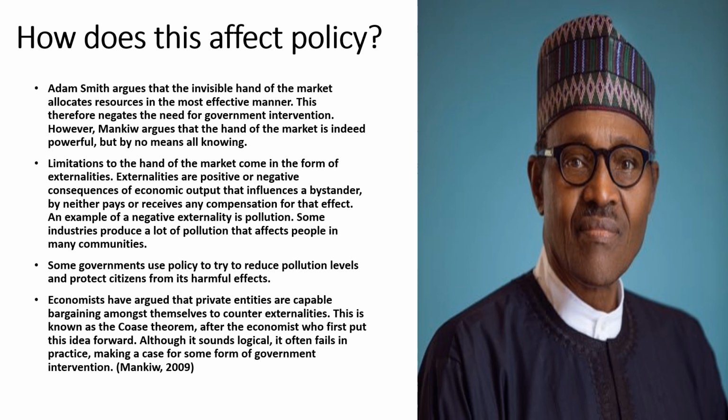Economists have argued that perhaps there's a way that the private sector can do this on their own, regulate negative externalities on their own. And this is called the Coase theorem, after the economist that put the idea forward. Although it sounds logical, it often fails in practice, making a case for some form of government intervention into the market.